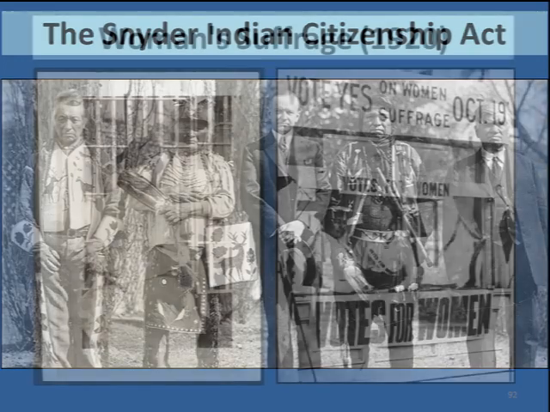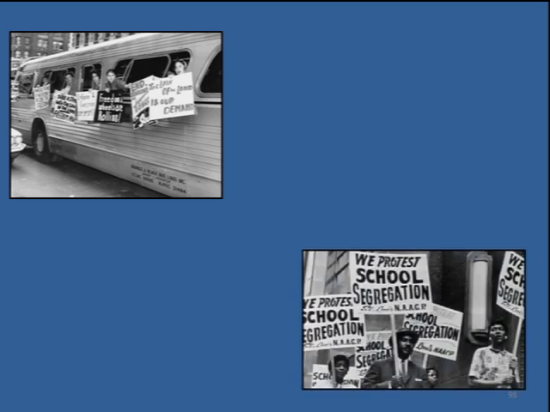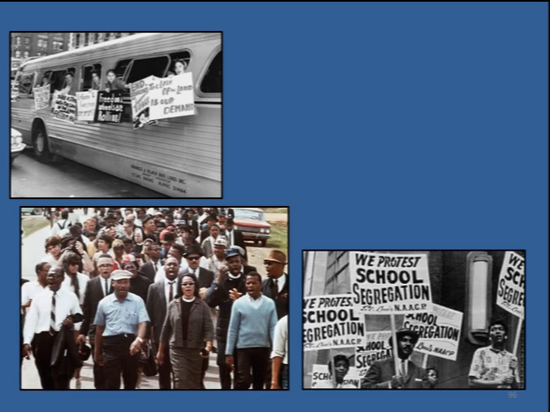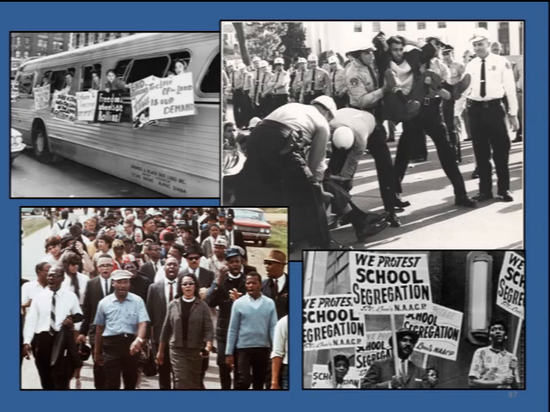Women got voting rights through nonviolent methods. Most African Americans used the same tactics, in addition to using the Supreme Court. In 1951, a group of activists sued the Board of Education in Topeka, Kansas. The case Brown versus Board of Education argued that separate but equal did not work because white schools were much better than African American schools.